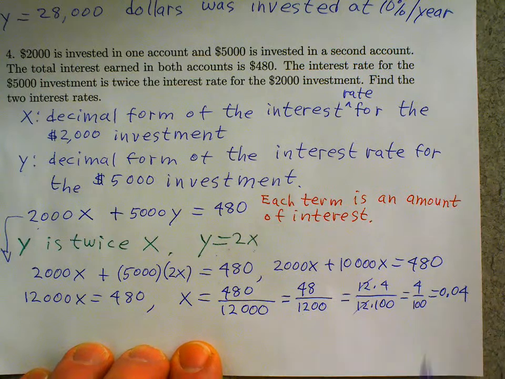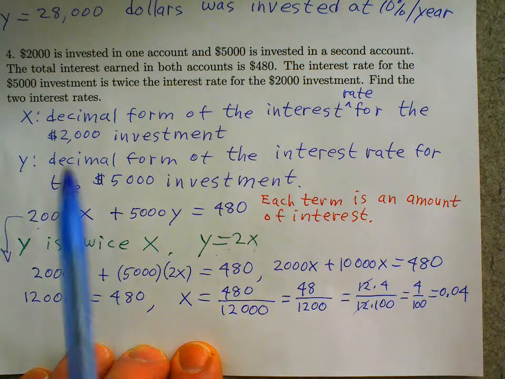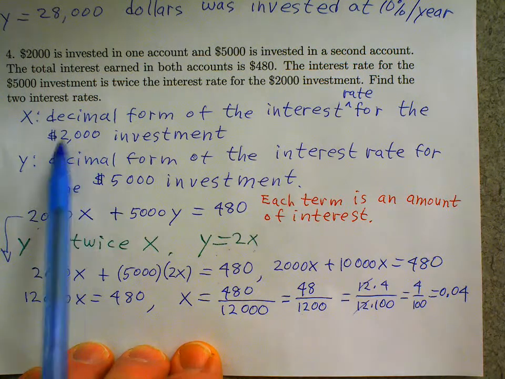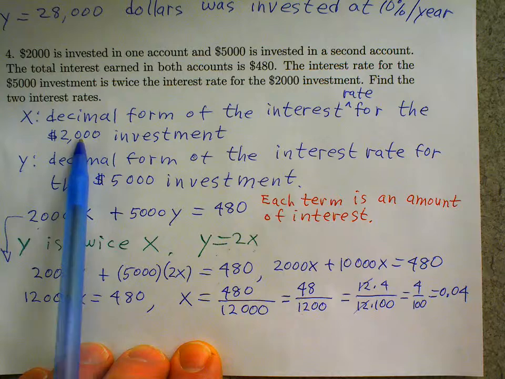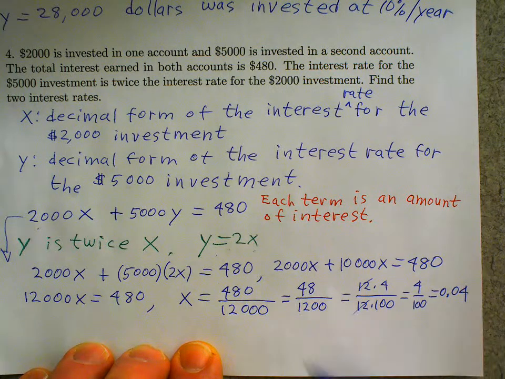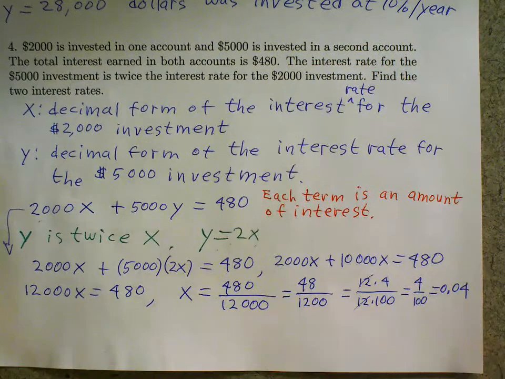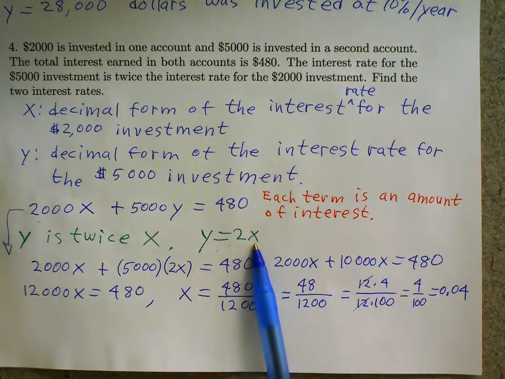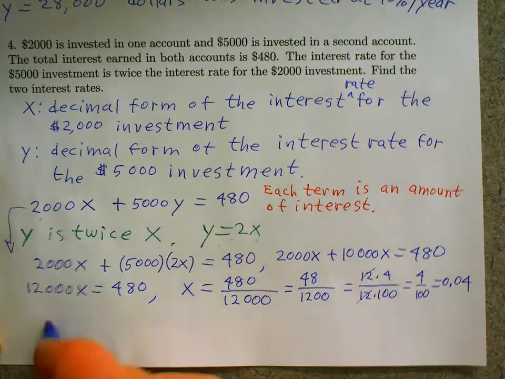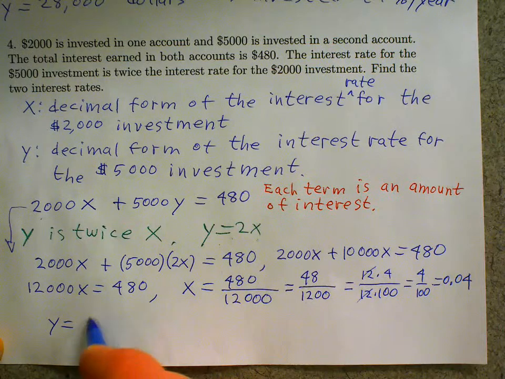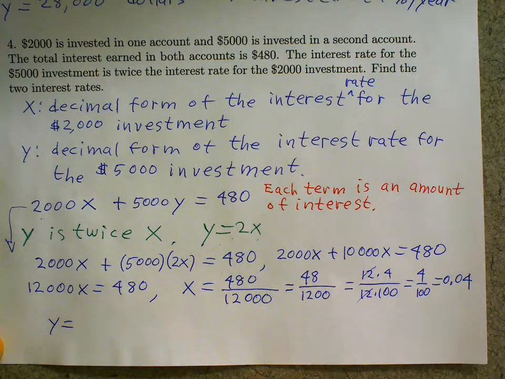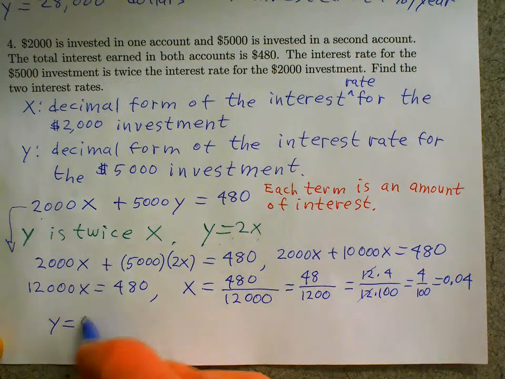That means that the interest rate for the $2,000 investment is 4% per year. And since Y is equal to 2 times X, then Y is equal to 2 times 0.04, or 0.08.